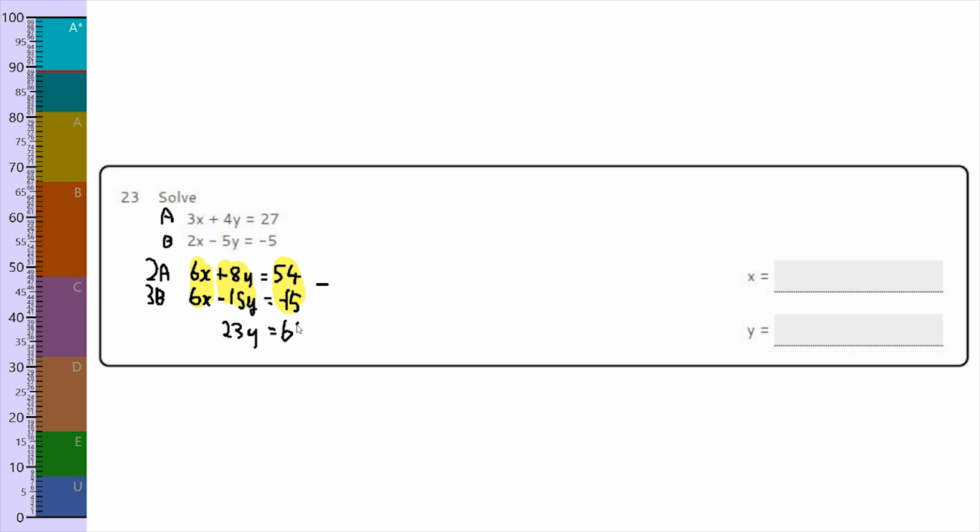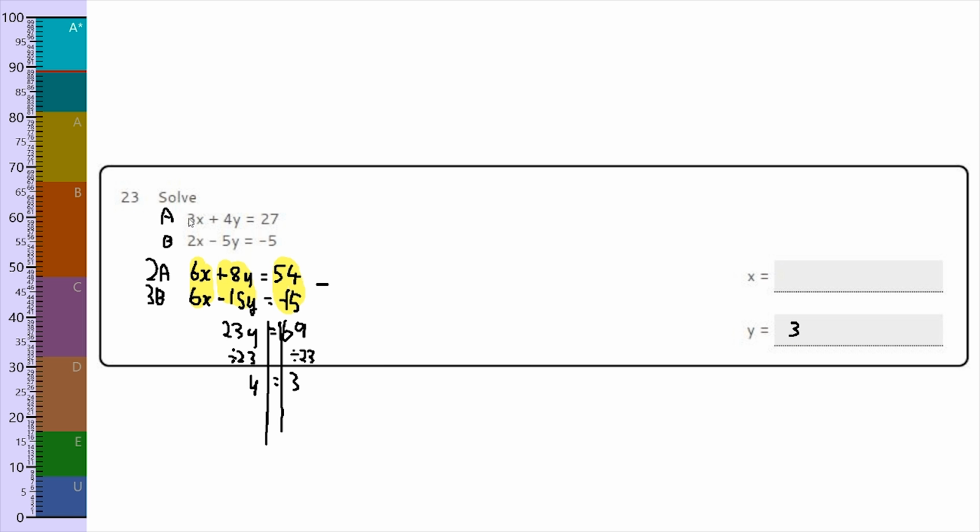So it's going to be 69. And looking at this, I'm going to do this a different way to the way I did this earlier. I can divide both sides by 23. And if I divide both sides by 23, I get y equals 3. So I think y equals 3.